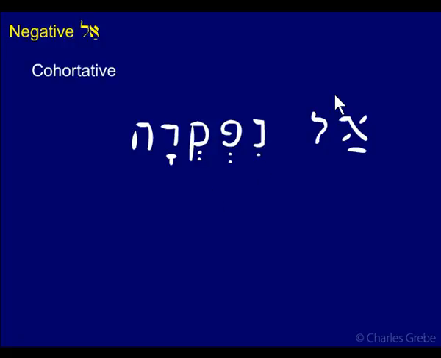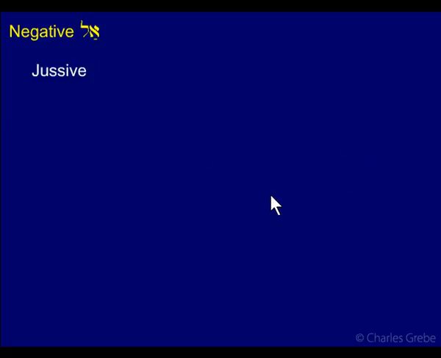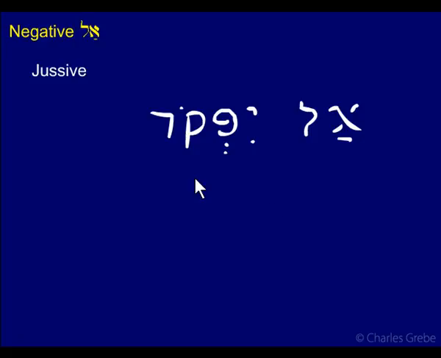So the al comes before the cohortative. Likewise with the jussive, al yifkod, let him not appoint, or let him not visit, whatever. Again, al is what we use. We don't use lo, we use al, and we have it coming before. Now, when we see al before this form, we know that this cannot be an imperfect, because imperfects are not negated with al, they're negated with lo.